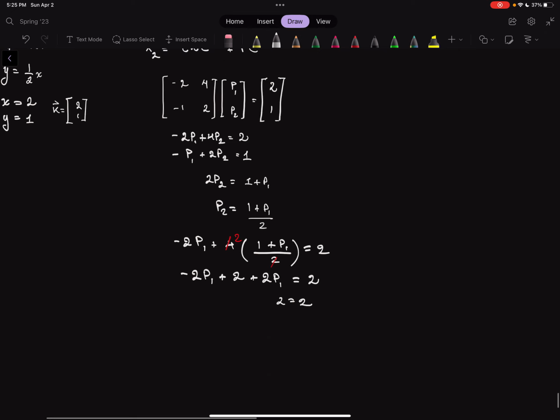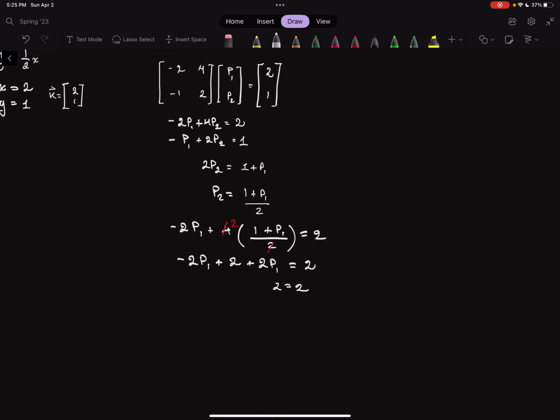So a good way to actually find the answer would be to put this in reduced row echelon form. And if you do that, you're going to get 1, -2, 0, 0, and -1, 0. So you can say that P1 minus 2P2 is equal to -1.